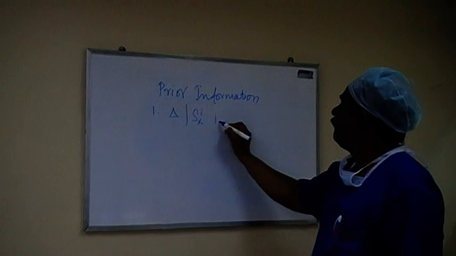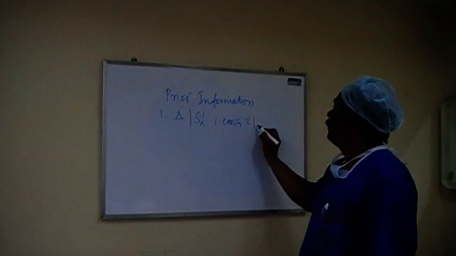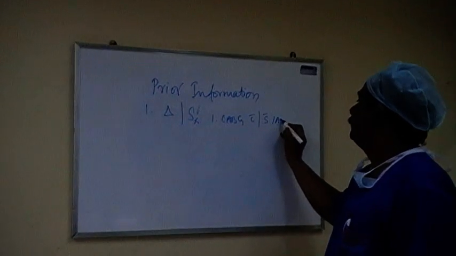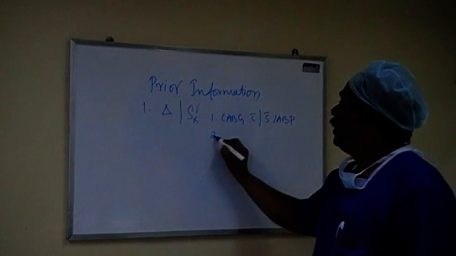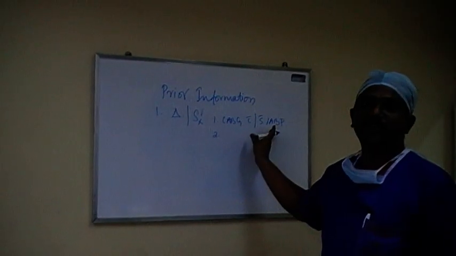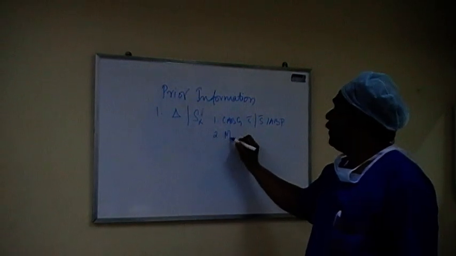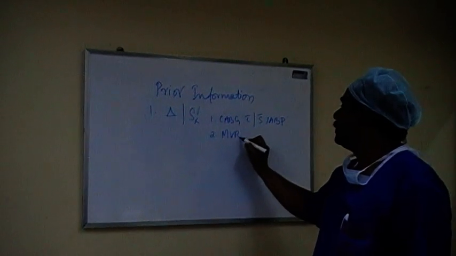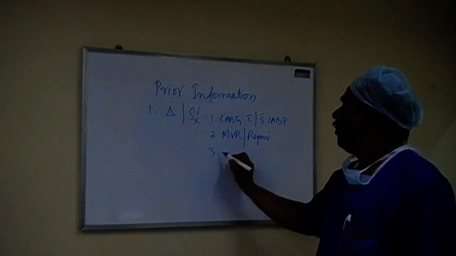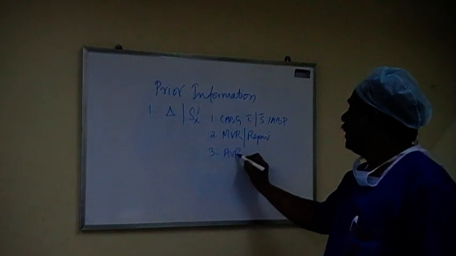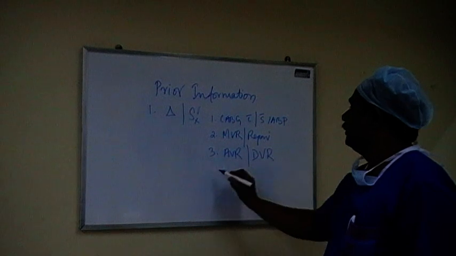It may be a CABG with or without IABP. So it makes a lot of difference whether the patient is on IABP or not on an IABP. Or it may be a mitral valve replacement or repair, or an aortic valve replacement or a double valve replacement.